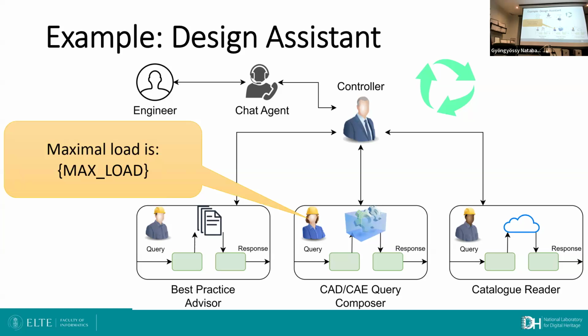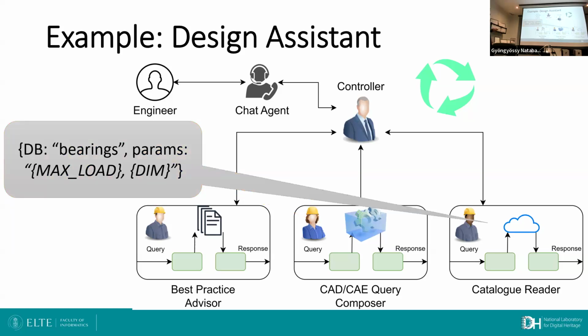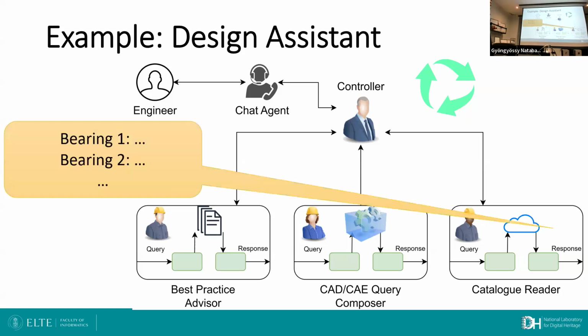And then you get a maximal load vector. This maximal load vector will be passed to the catalog reader, who will be able to look for bearings with the maximal load and the dimensions that are provided from the 3D design software. And then it will give you, I don't know, the first 5 search results as documents.